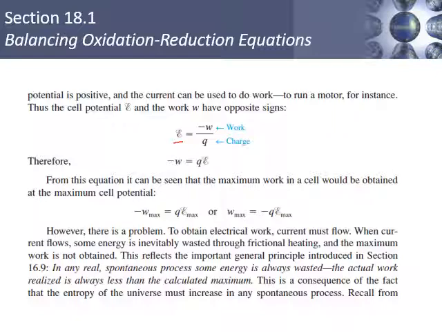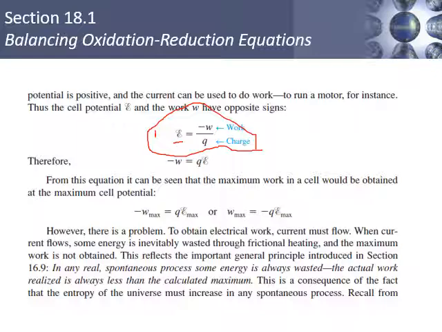So all we're doing here at the top is rewriting something that we've already written several times. Then multiply both sides of this equation by Q, and you get minus W equals Q times E. In other words, the maximum amount of work we can do would be the maximum voltage times the amount of charge that we're moving through a current.